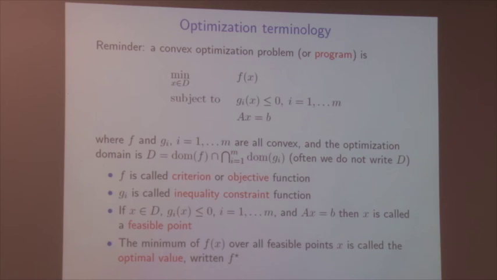We can write it as a system of linear equations. So if X is in the proper domain of the functions, and it satisfies these inequalities, we call it a feasible point. We've already been using this term. And then the value of F that is the minimum over all of the feasible points is going to be called the optimal value.